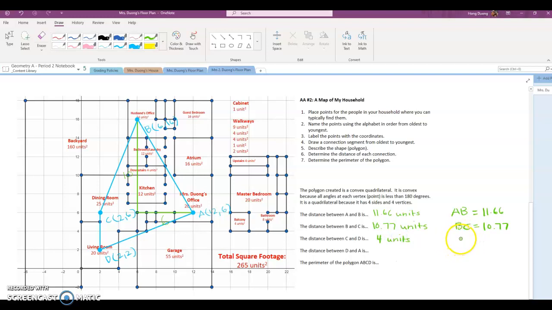In other words, CD is equal to 4. And the distance between D and A is 10.77 units. In other words, DA is equal to 10.77.